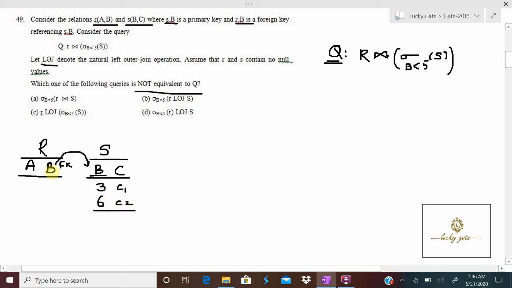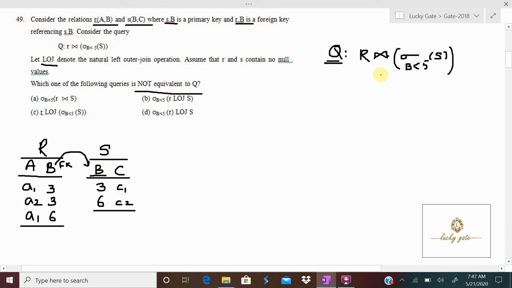And in R, because B is a foreign key and it is clearly mentioned no null values, don't take null values in column B, and take some tuples in column B that refer to data of column S. A foreign key may have duplicates, so I will take some duplicate tuples. Here these are the duplicate tuples I have taken. This is R and this is S.